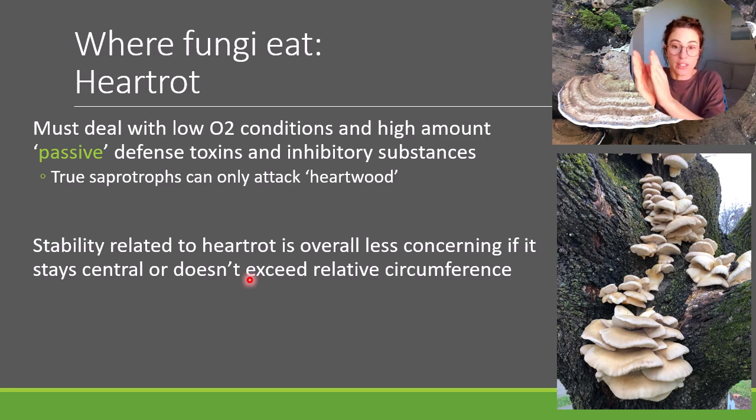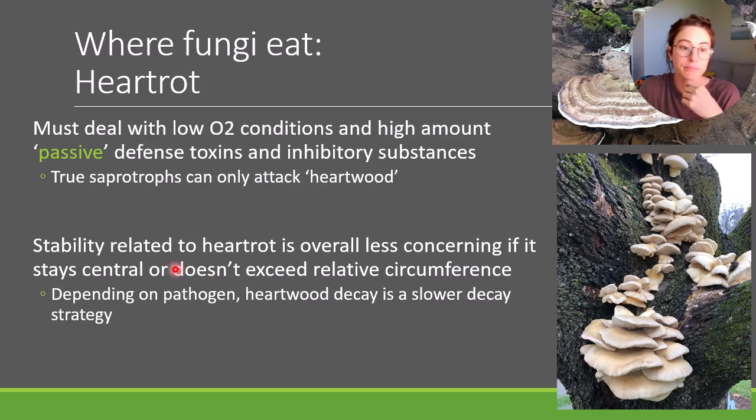Once it becomes offset, the area it covers is less. But if it stays central and does not exceed a certain radius, then generally heartwood decay is less concerning from a stability standpoint. And depending upon the pathogen, heart rot decay is typically a slower decay strategy.